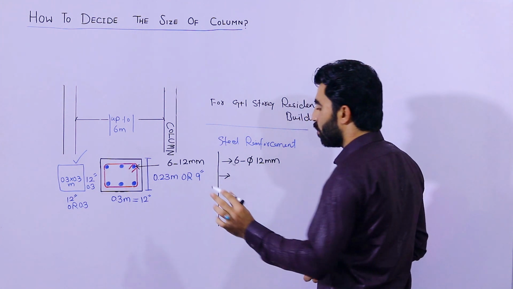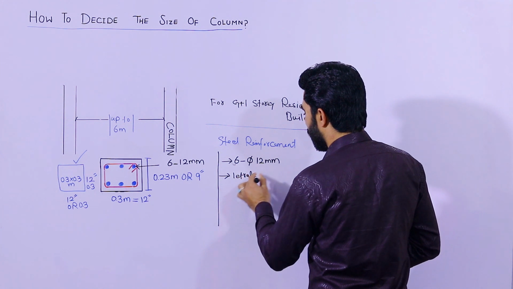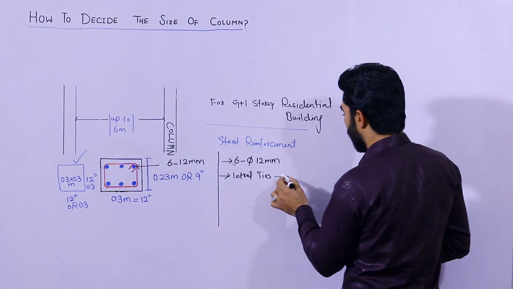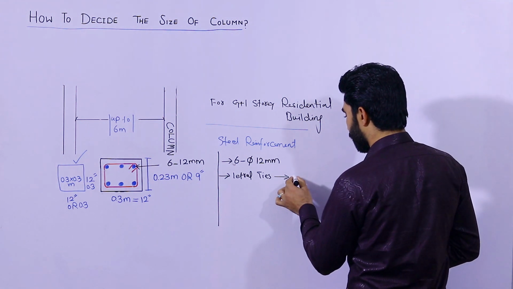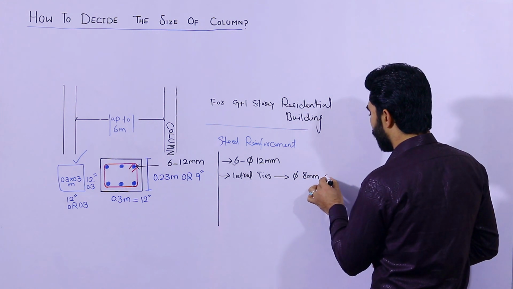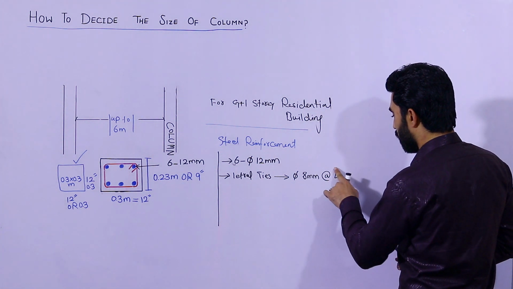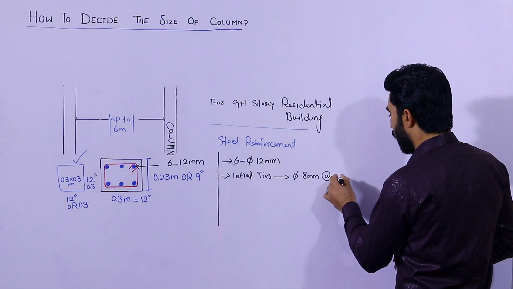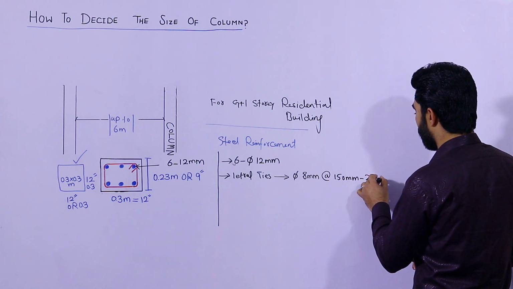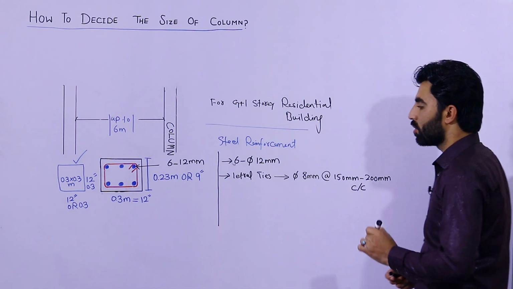Now let me tell you for lateral ties. So for lateral ties, the dia should not be less than 8 mm with the spacing of 150 mm to 200 mm C/C, center to center distance.